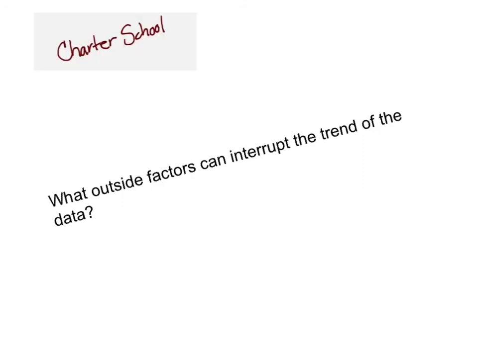For instance, if a new charter school were to come into the Plymouth area that was very attractive to parents in the district, maybe we would have a decrease in the number of kids attending middle school or high school, which is something that happened recently.